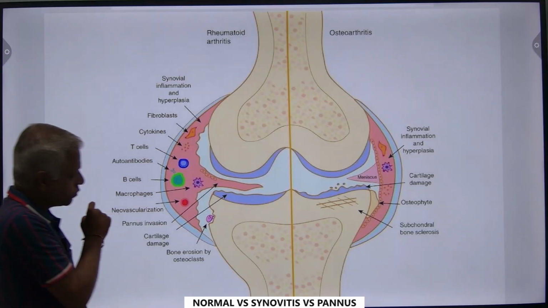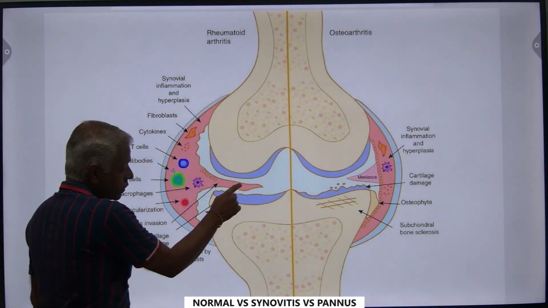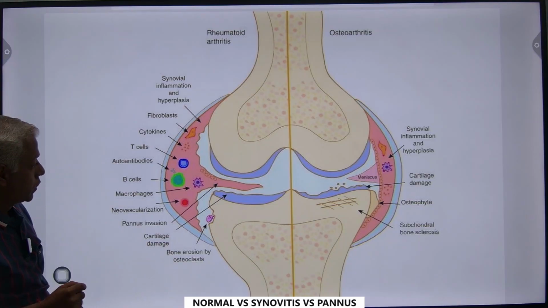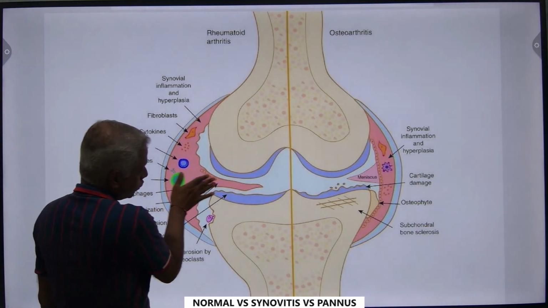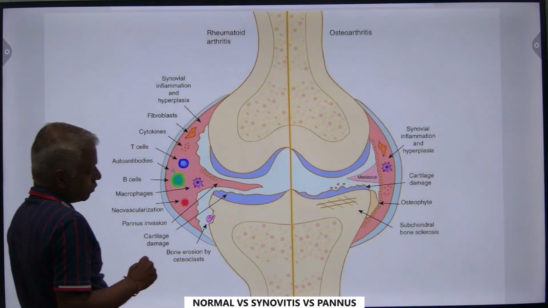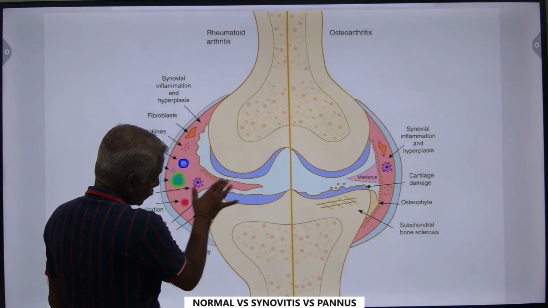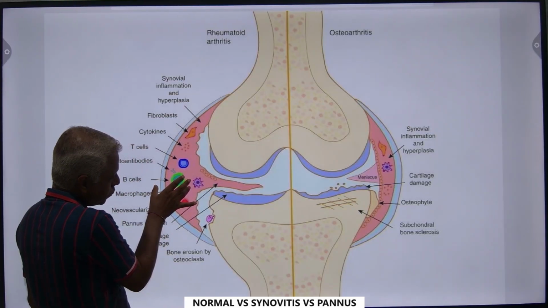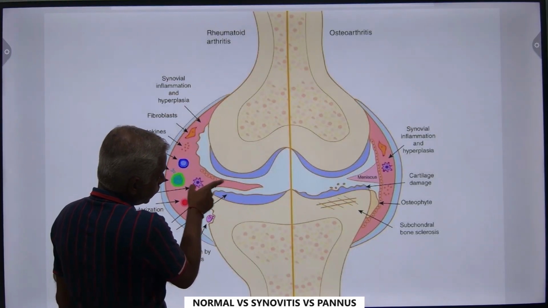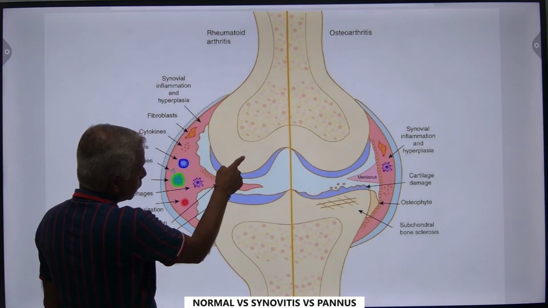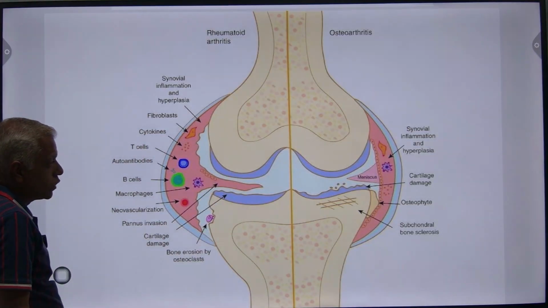This pannus which is formed here, we know that it is a Latin word. Pannus means a cloth, and in structure it looks like a cloth, isn't that? And this cloth-like structure, a projection coming out of this inflamed or rather hyperplastic synovial membrane, is going to invade this joint space, grow more, invade the cartilage, and in the end also invade the bone.